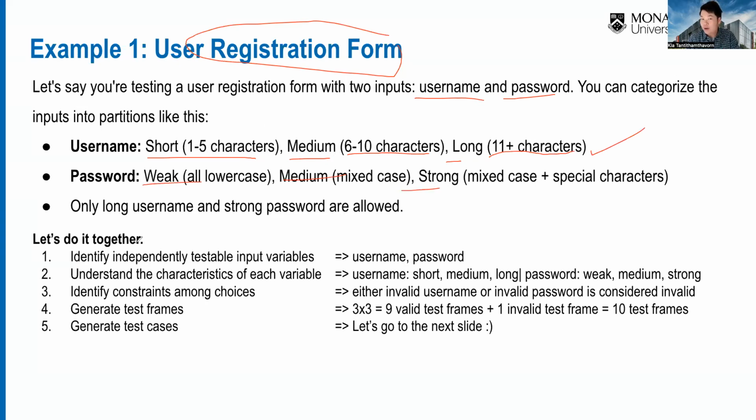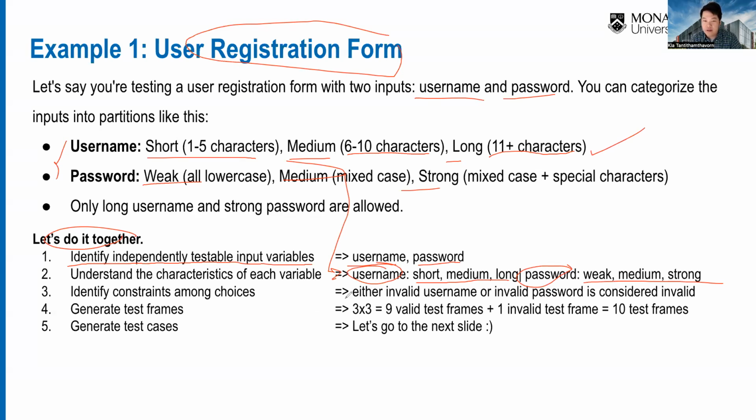So let's try to work on this one together, right? First, we need to identify the independently testable input variables. In this case, we will have username and password, easy. And then we understand the characteristics. Based on the specification, this one is quite straightforward. We have 3 choices for the username and 3 choices for the password, all right? We identify the constraint among the choices.